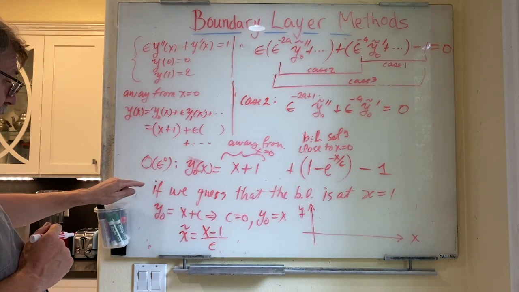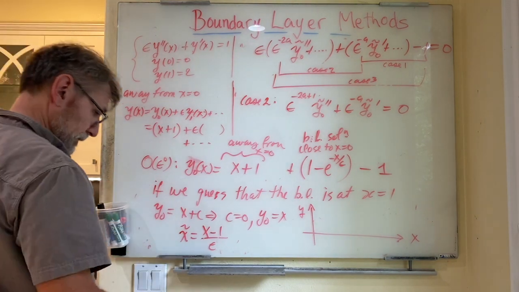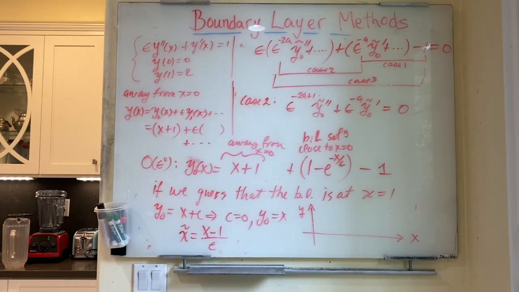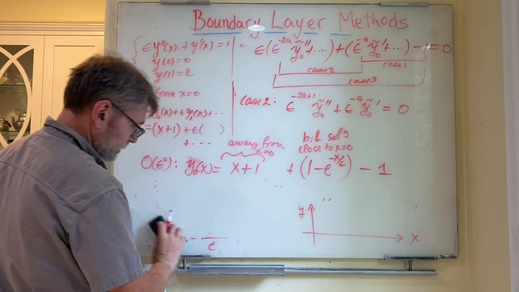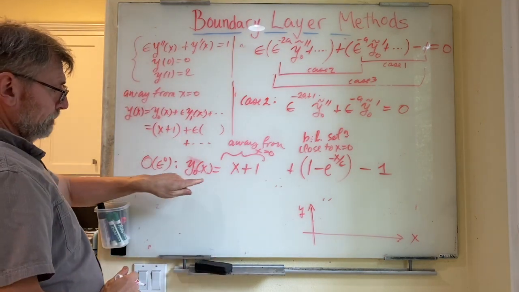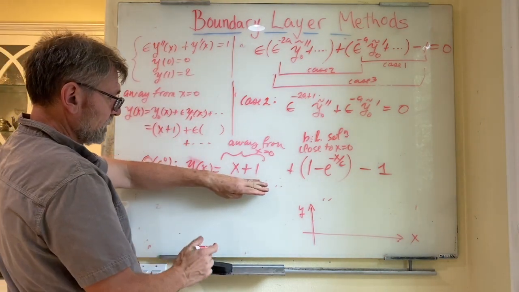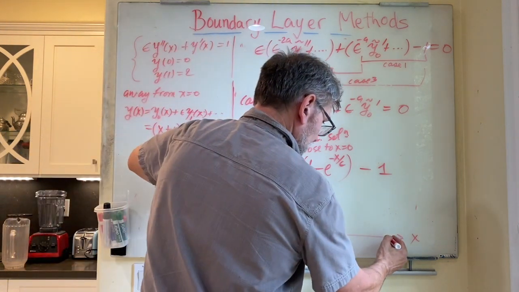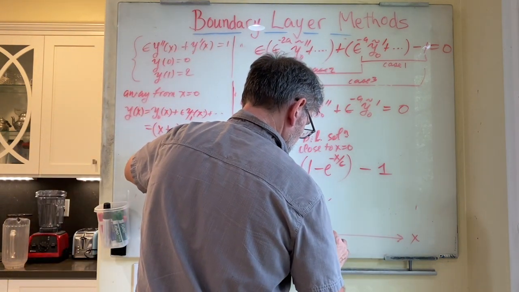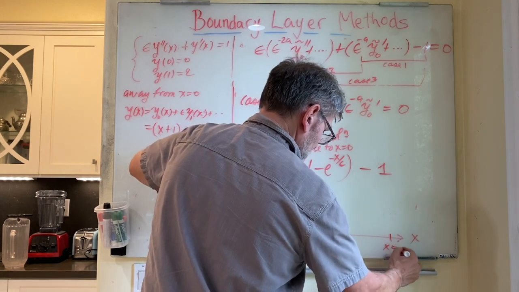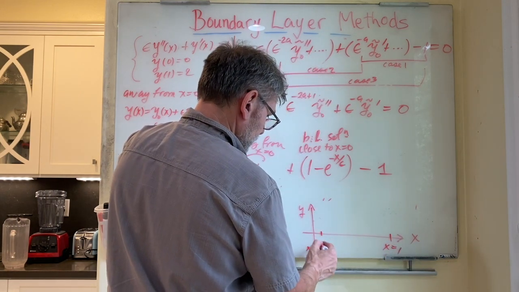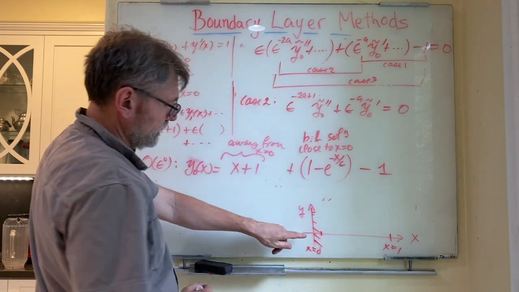Right, so forget about this solution, which was wrong. I just want to sketch this one here. So this is the solution which can be valid almost everywhere, except in a very thin layer over here. So this is x equals 0, here is x equals 1, and there's going to be a little layer over here, right, a boundary layer.